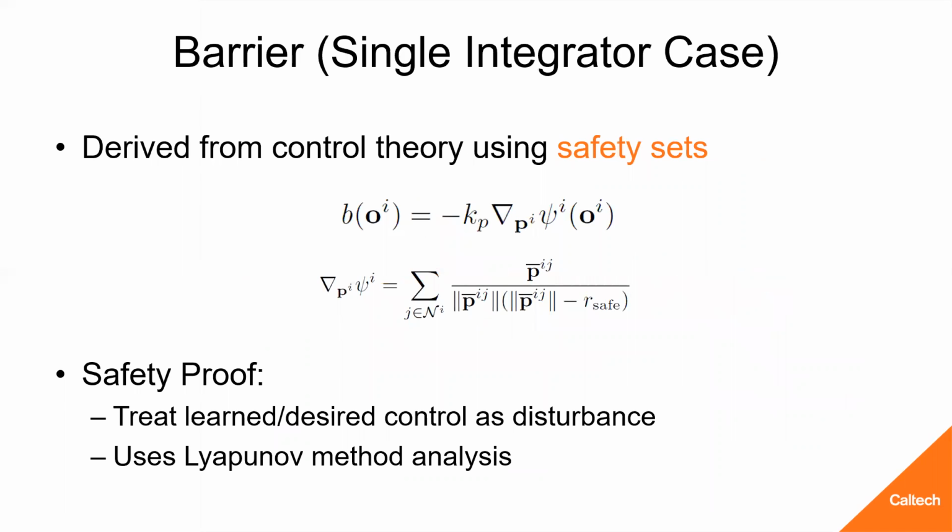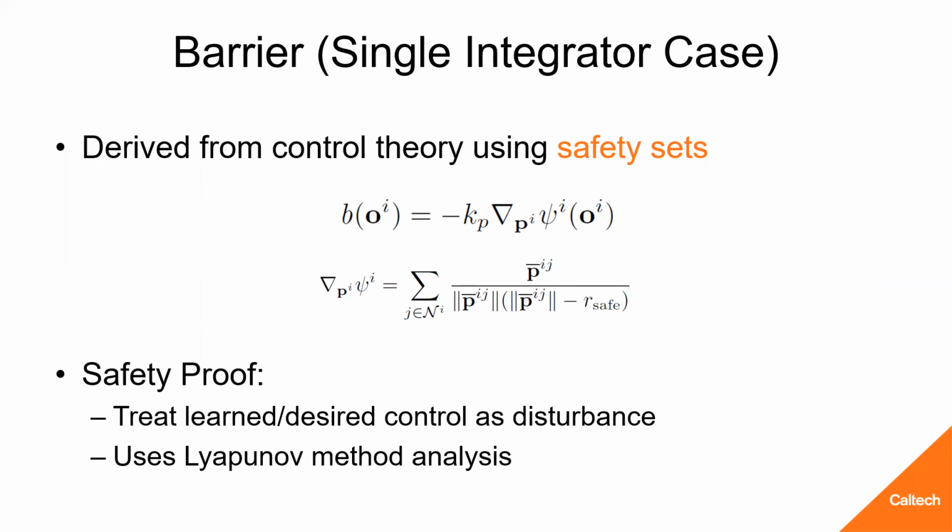For example, this safety barrier B just looks like the proportional gain in a PID controller. So you have a KP gain, and then you have this other term. The other term is really just the relative position states from yourself towards your neighbors summed up, like in the lower equation.